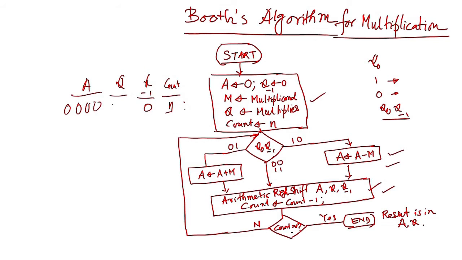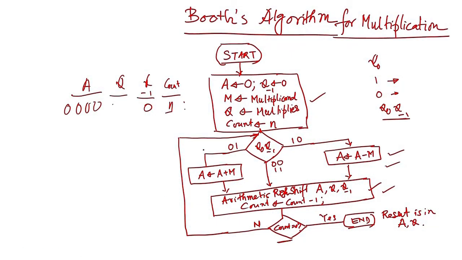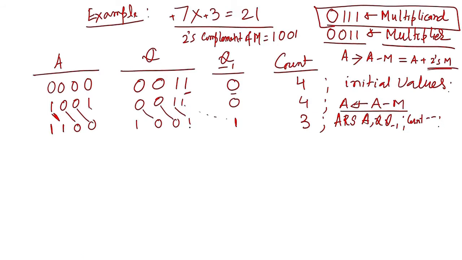Okay. So, this step is done. Now, again you reduce the counter, so the counter will be 3. Here the operation we perform is arithmetic right shift A Q Q minus and then count minus minus. This is called cycle 1, so the first phase is completed. Now, count is not 0, so you come here and again check the values of Q 0 and Q minus. This is 1, this is 1.